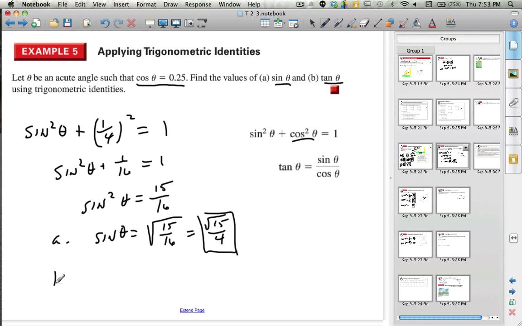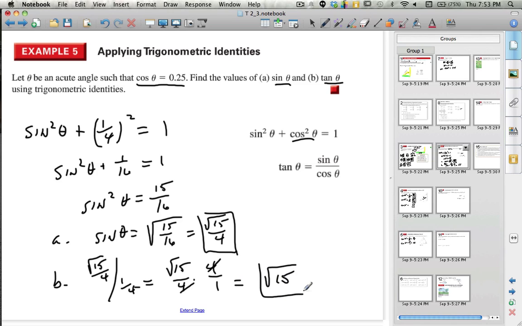So if I take root 15 over 4 divided by 1/4, that's going to be equal to root 15 over 4 times 4 over 1, because when we divide by a fraction, we invert and multiply. The 4's cancel, I get root 15 over 1, and that's just root 15. Okay, so in this case, the identities allowed me to take a small bit of information and apply it out to find more information.